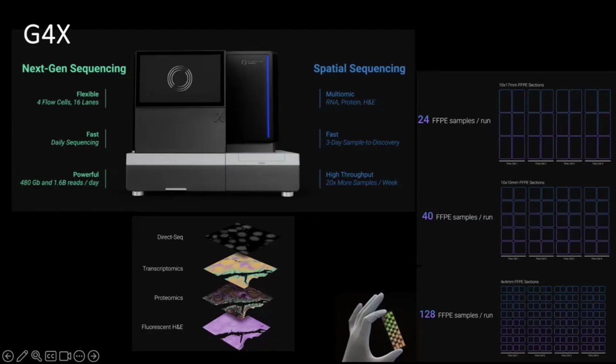Also, the number of samples that you can run, as well as the analyzable area, seems pretty big. So this is a promising technology, and hopefully once we see more projects done with this technology, I will be able to add it in my next table.